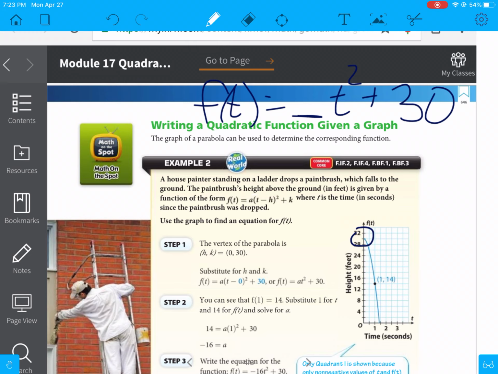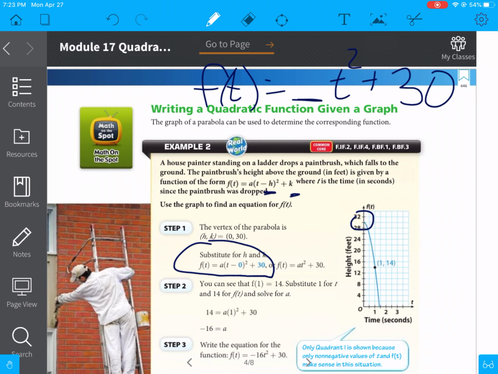So all we have to do is just solve for our a. Your first step is the vertex of the parabola is (h, k), which is 0, 30. So our h right here is going to be 0, and our k is going to be 30. So that's where we get f of t equals a times (t minus 0) squared plus 30, or a times t squared plus 30.